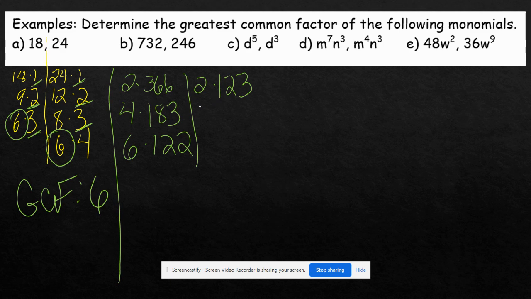I can't do 4. Can't do 5. It doesn't end in a 5 or a 0. Let's see if I can divide by 6. That's 41. So it looks like 6 is again going to be our greatest common factor for those two.